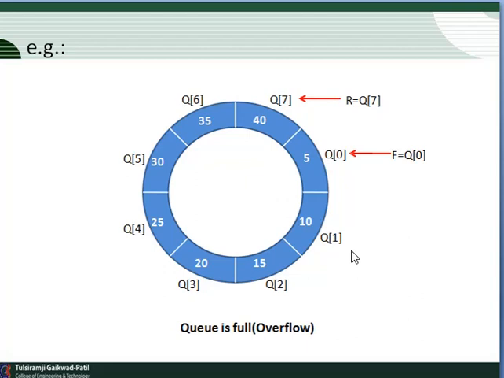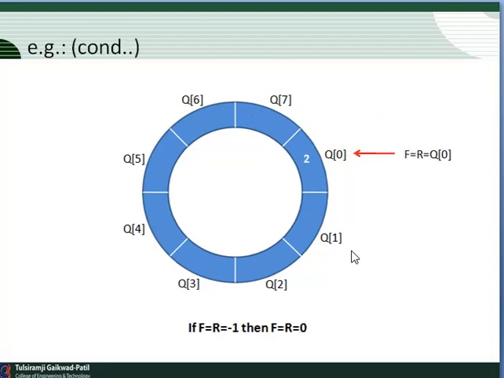If I want to insert a new element in this circular queue, it shows me the error that the queue is overflow. As I already said in that algorithm, if front is equal to rear is equal to minus 1, then front is equal to rear is equal to 0.